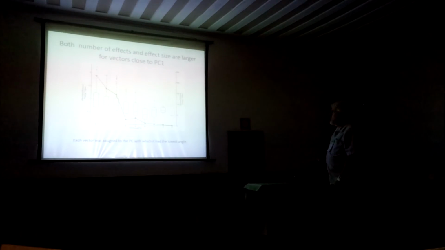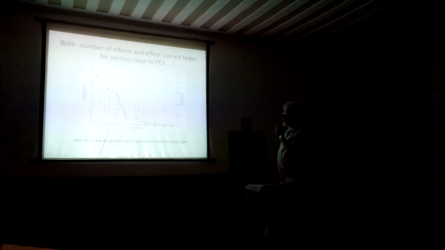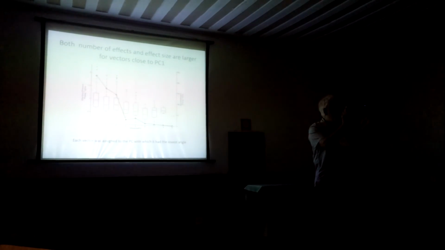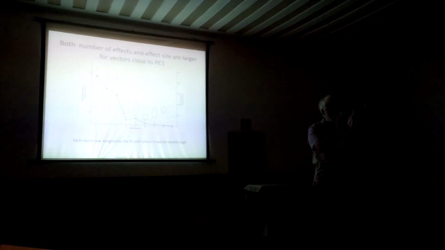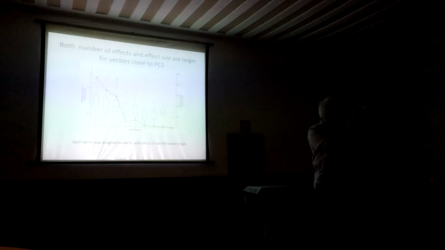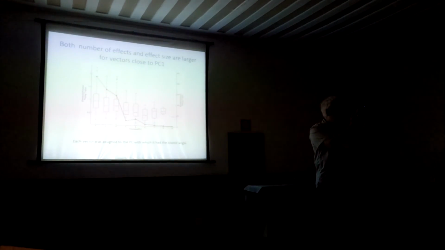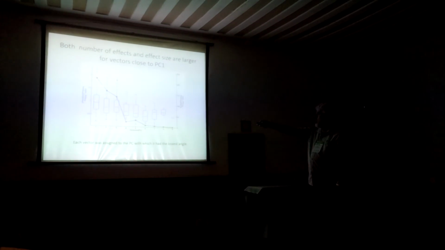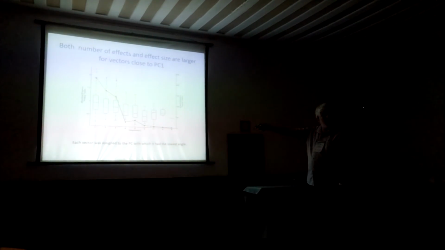Here's another way to approach it, which is less clear. We basically took every effect that we estimated and we assigned it to one PC. Whichever the angle was the smallest, we say that's a PC1 vector if it's closest to PC1. The number is much higher in those first PCs.